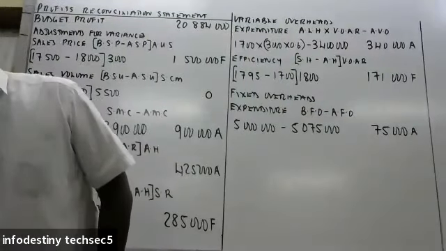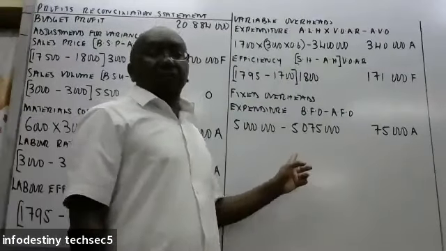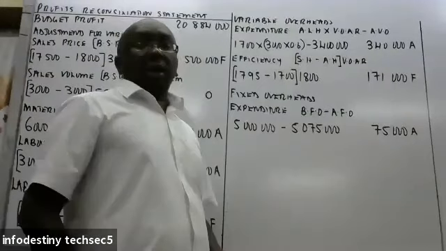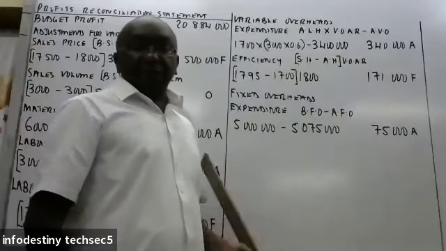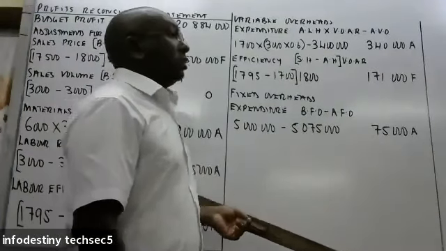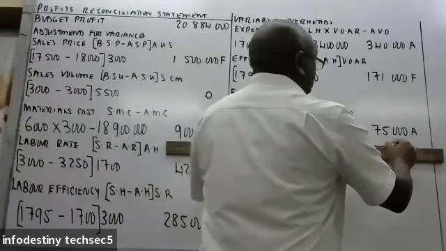Now the other variance that we are supposed to compute is volume, but I told you volume is computed when you have closing stocks and opening stocks. But this question does not have any, and therefore we will not compute.